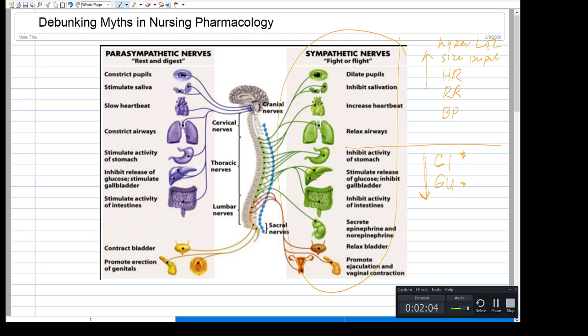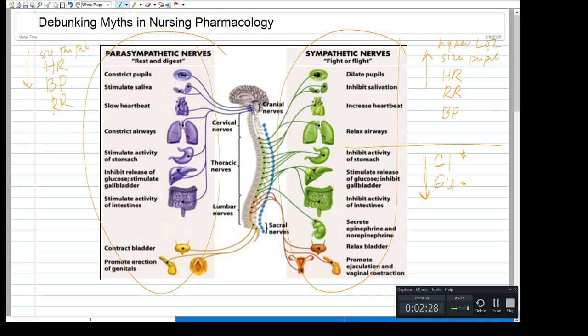Now, when it comes to parasympathetic nervous system effect, it will be the opposite. So decreased size of pupil, so your patient will have pupil constriction, with salivation stimulated, slow heartbeat, low blood pressure, low respiratory rate.